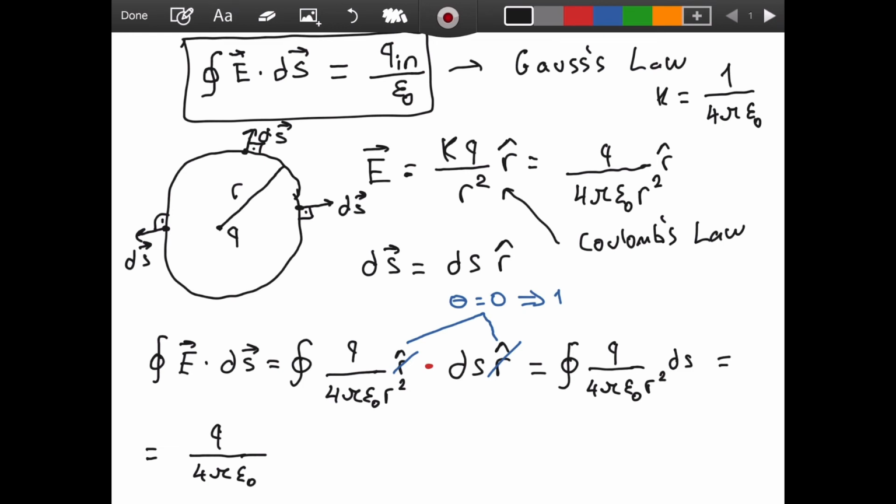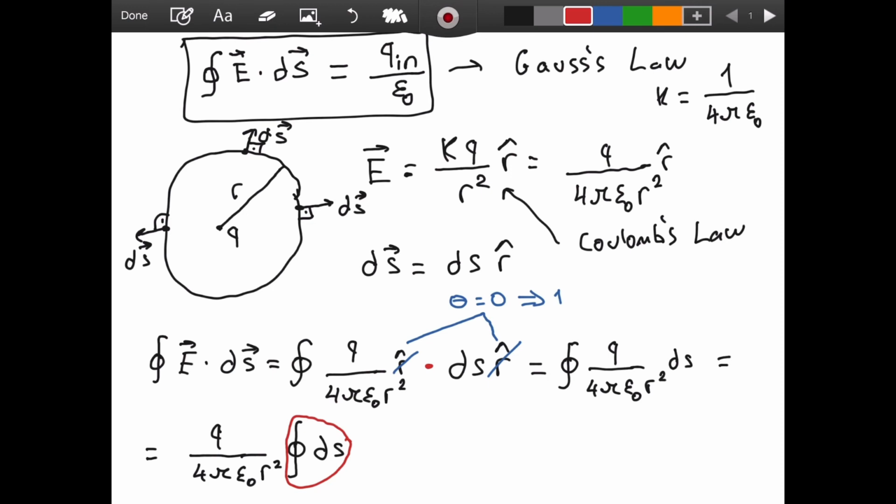Their distance to the center is the same, because that's what defines a sphere. So we take r squared out of the integral sign as well, and we have the closed surface integral of ds. By definition, this is the total surface area of our sphere, because ds was an infinitesimally small area section, and if we add all of the area sections over the entire closed surface, we will simply get the entire area.